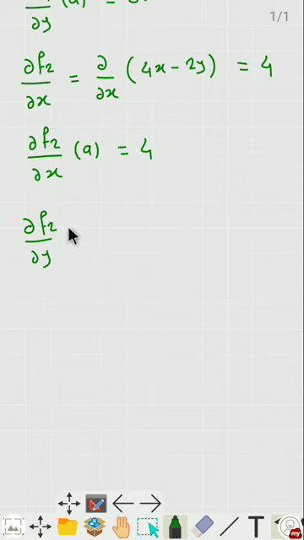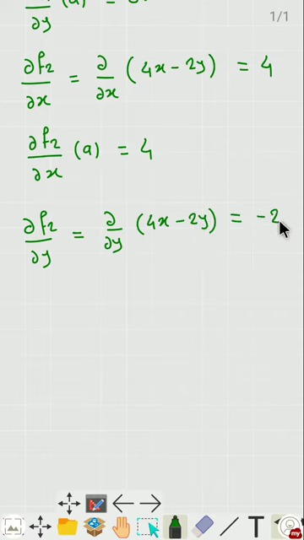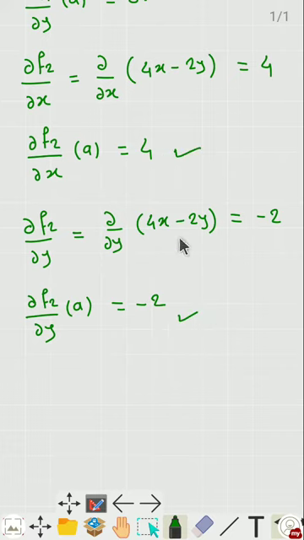It is equal to ∂/∂y of 4x - 2y, and it is equal to -2. Therefore for f2, the partial derivative at point A with respect to y is -2. Okay, so these are the values which we need while writing the Jacobian.